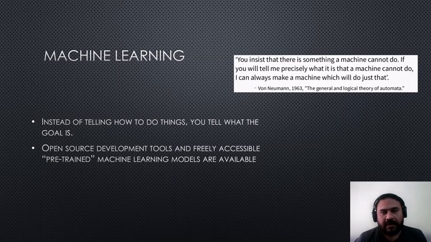But in machine learning, you don't have to tell how to do things, you tell what the goal is, so what the end product will be. Open source development tools and freely accessible pre-trained machine learning models are available. The example is Google AI, and there are many more software companies which are providing this type of open learning environment. So if you understand the point, you let the machine learn by itself how to solve the problem and just provide you with the desired goal or solution.